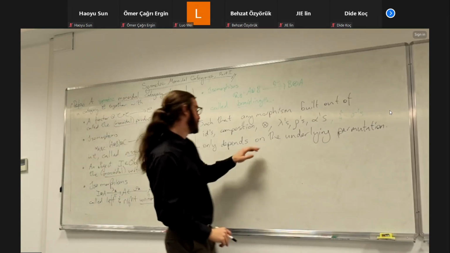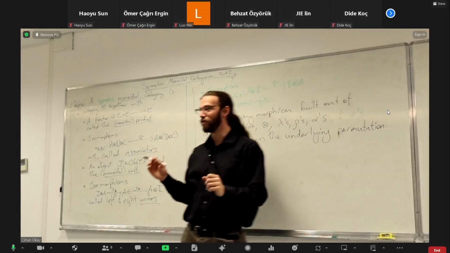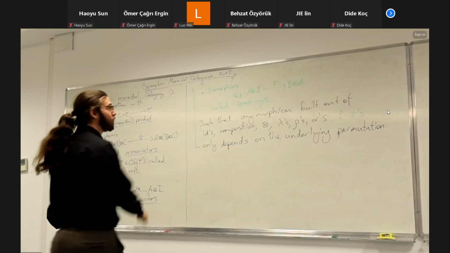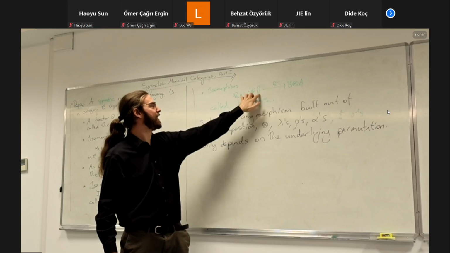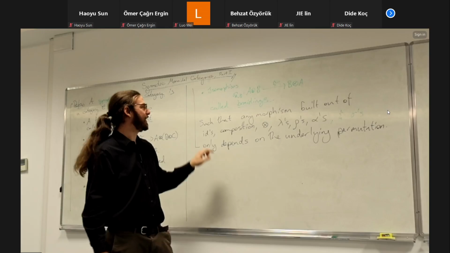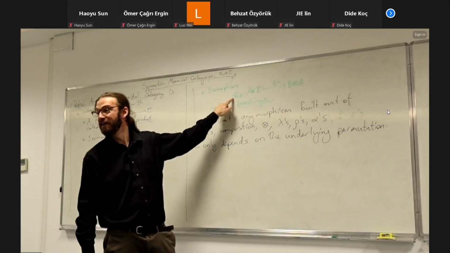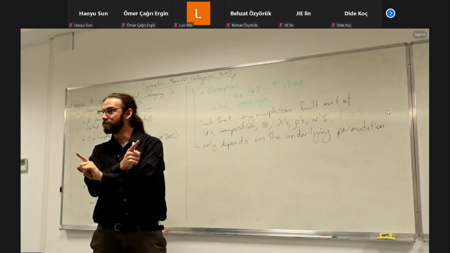But this depends on the underlying permutation because we can switch the order of objects, and we don't want the way of getting from A tensor A to A tensor A, given by sigma AA, to be the same as the identity, right? It still should flip the factors.